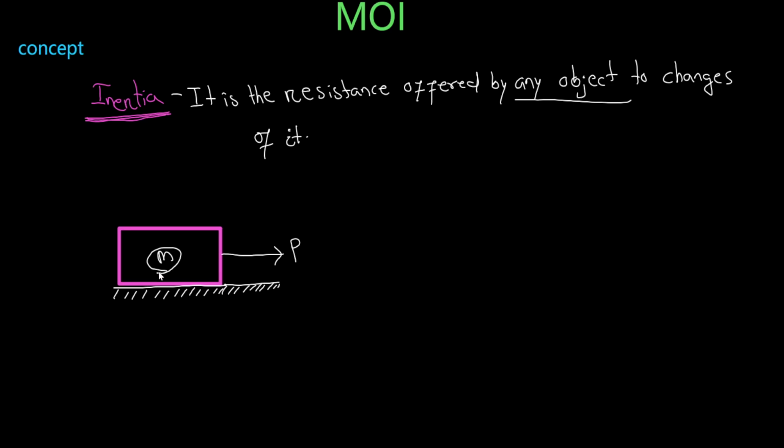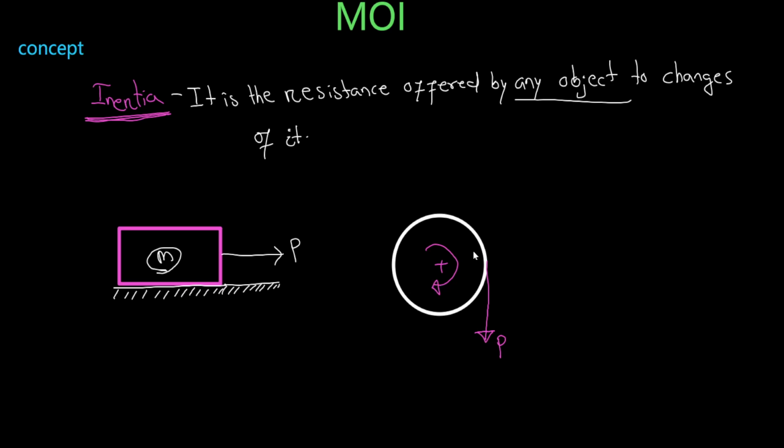I'll give another example. Suppose this is a circle, and this is the center. I'm applying a force of magnitude P in the tangential direction, suppose like this. I'm trying to rotate this object in this sense.